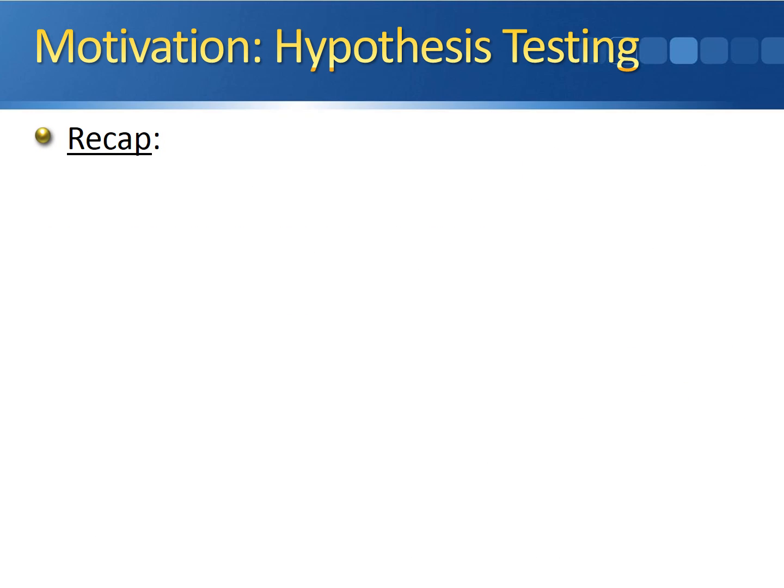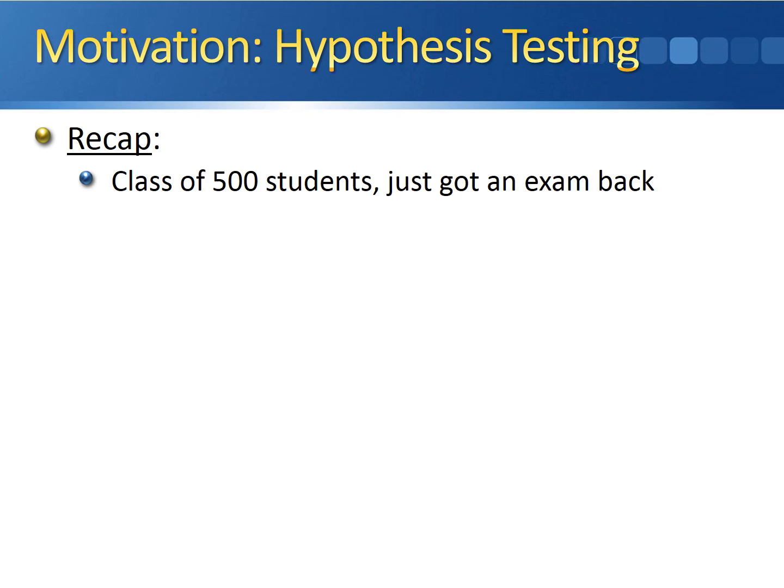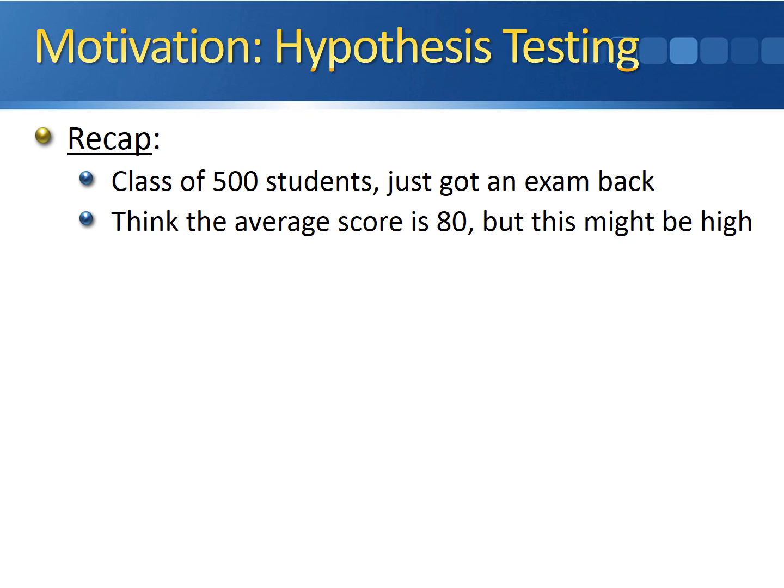I want to do a quick recap to remind you how we've gotten to this point. You're in a class of 500 students and you've just gotten an exam back. You think that the average score in the class was an 80, but if you're wrong, you think that your guess might be a little bit high.